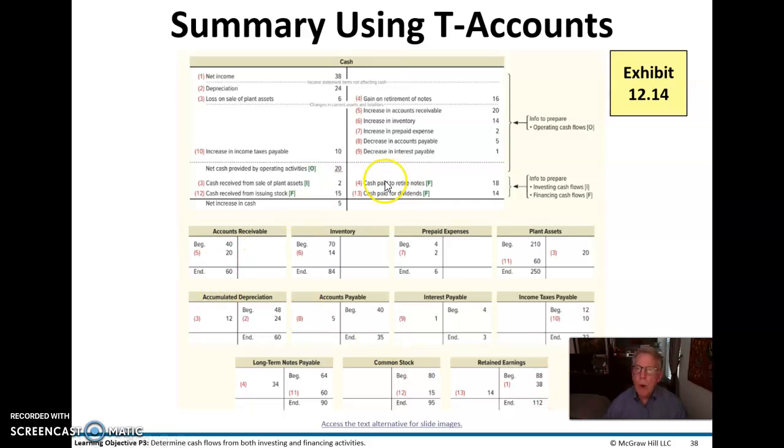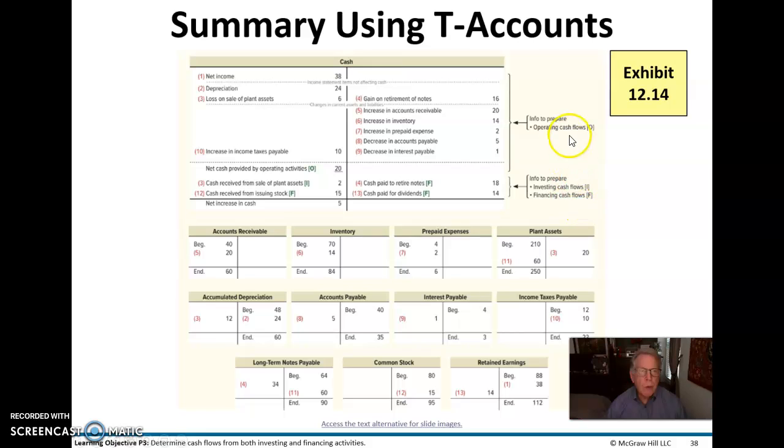So we can go through all of this from a T account perspective for our cash. So here was our net income, our depreciation, all these adjustments. We got a net increase in cash of $5,000. And we had some credits and we had some debits.